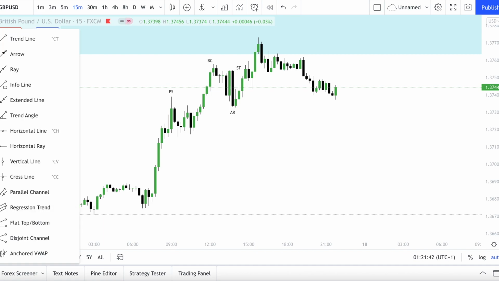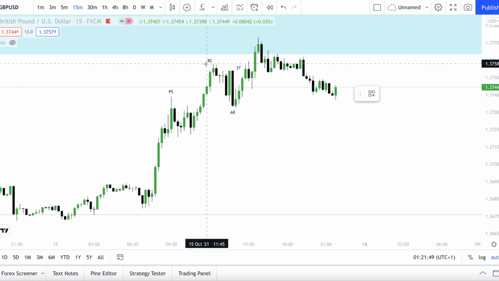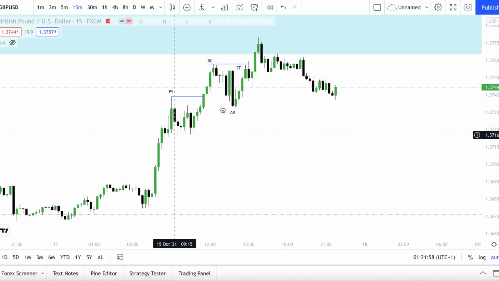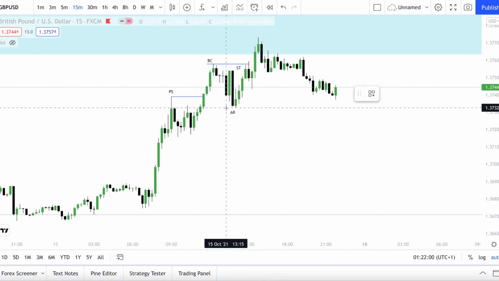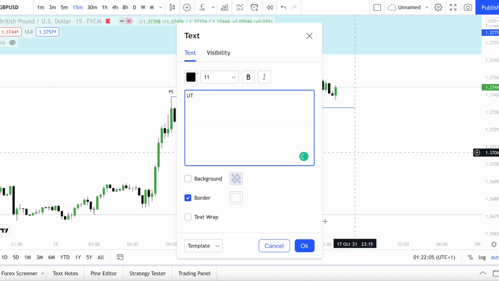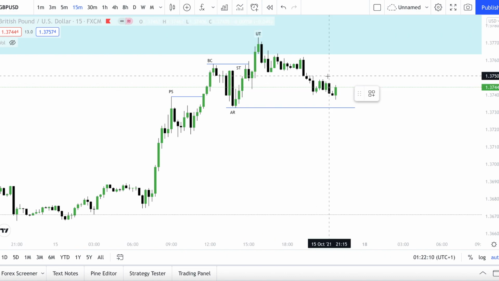So I'm gonna create these lines to show you guys. All right, and this is our upper thrust, and this is the last point of supply.